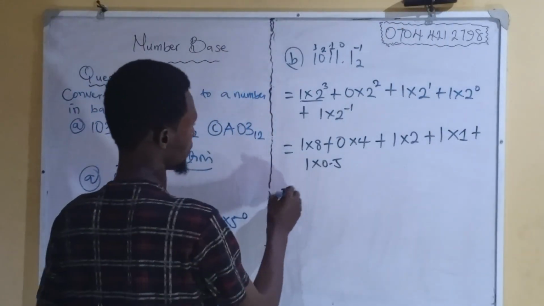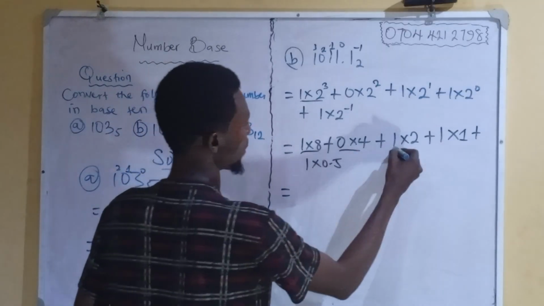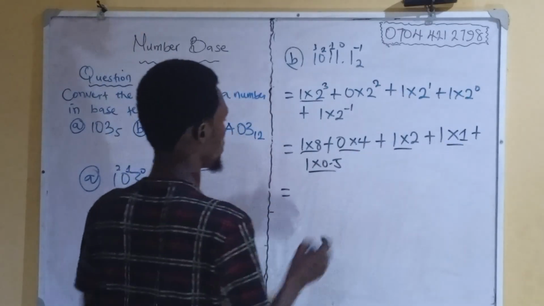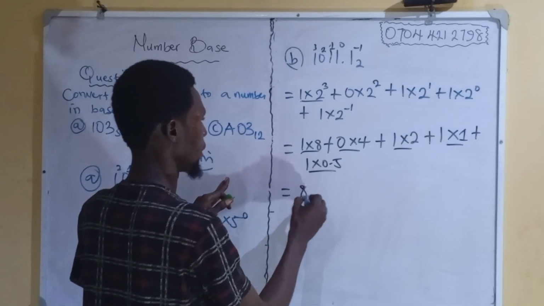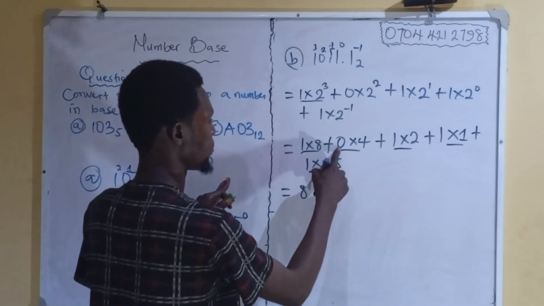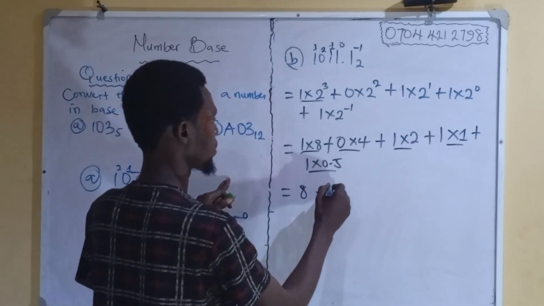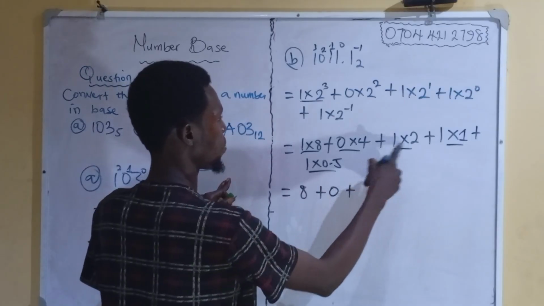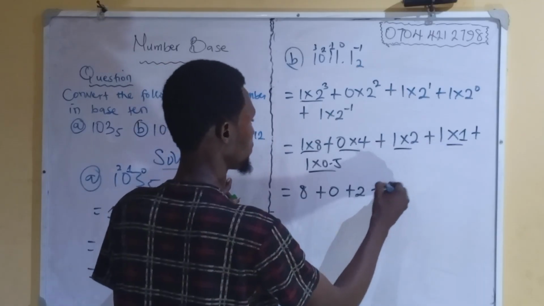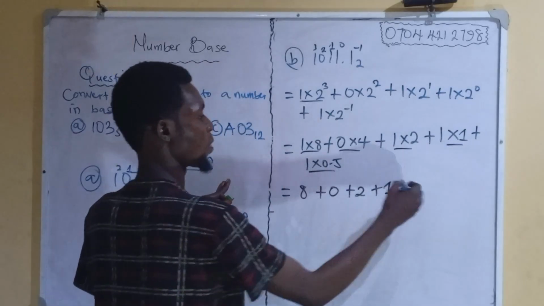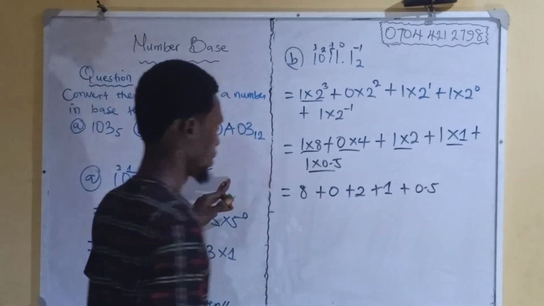Then the next one, you multiply: 1 times 8 here is 8, and then you have 0 times 4 is 0, 1 times 2 is 2, 1 times 1 is 1, 1 times 0.5 is 0.5.